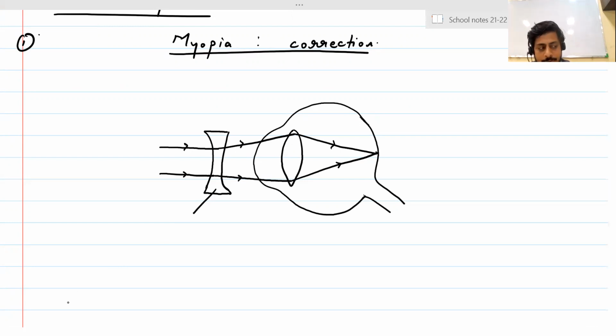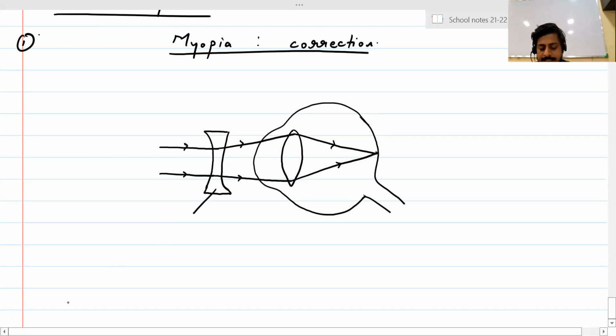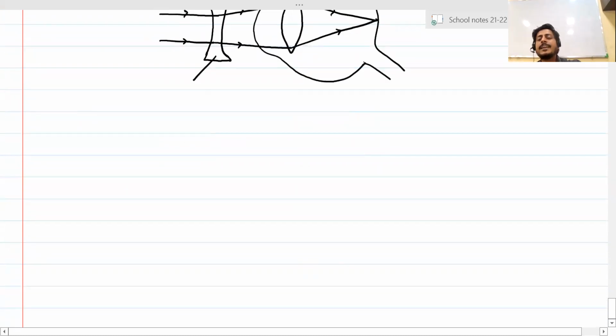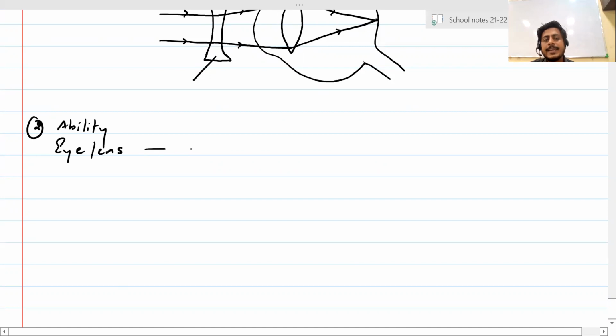The second one says to define the process of accommodation and give the shape of the lens during near and distant vision. So defining accommodation. Make sure that your definition of accommodation has the following terms. Accommodation is basically the ability of the eye lens to alter its focal length.